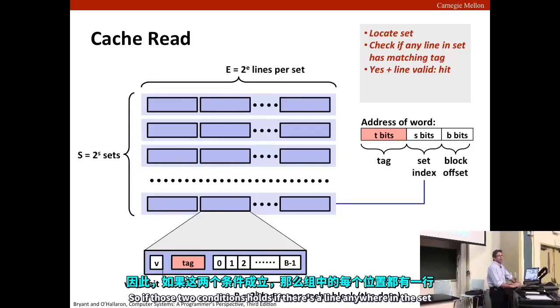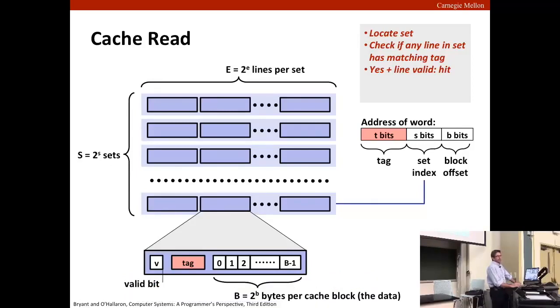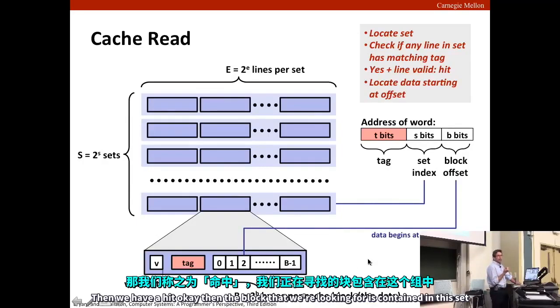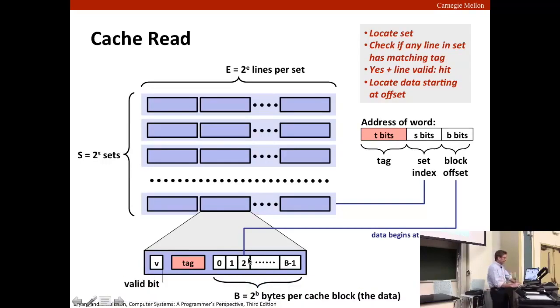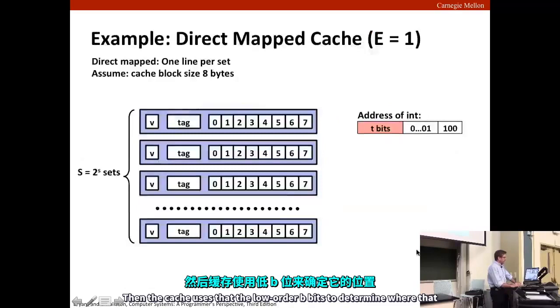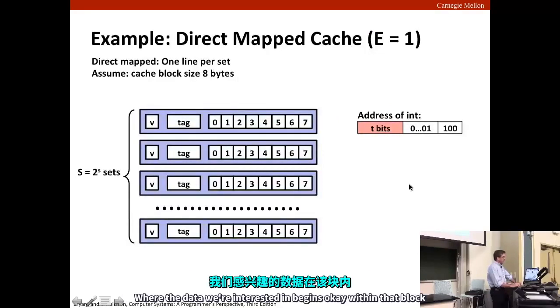So if those two conditions hold, if there's a line anywhere in the set where the valid bit is 1 and there's a matching tag, then we have a hit. Okay, then the block that we're looking for is contained in this set. Once we've identified the block, the cache uses the low-order b bits to determine where the data we're interested in begins within that block.